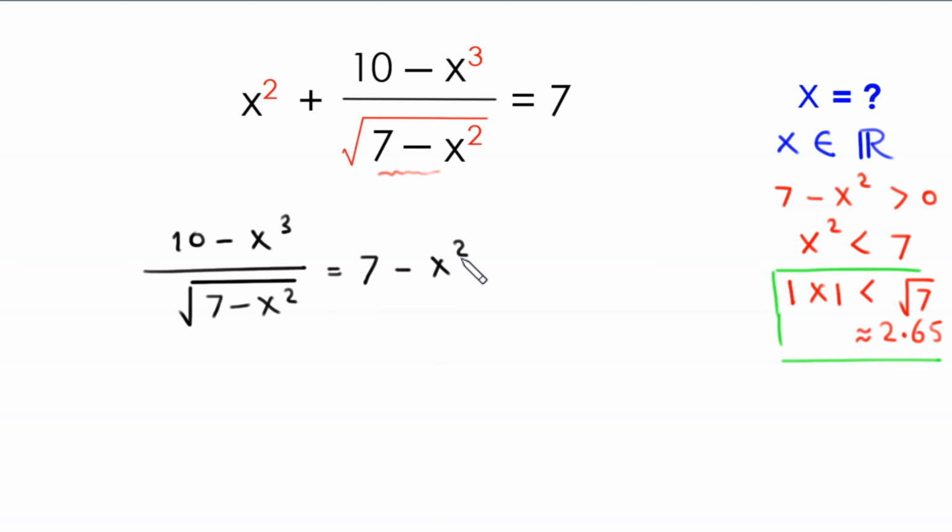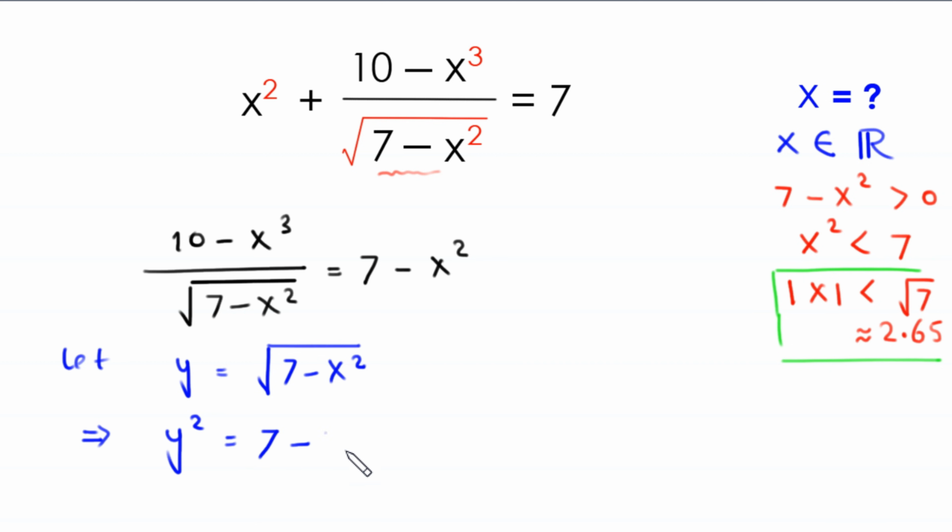Now we suppose that y is equal to this expression root of (7 minus x squared). If we square both sides, this implies that y squared is equal to 7 minus x squared.